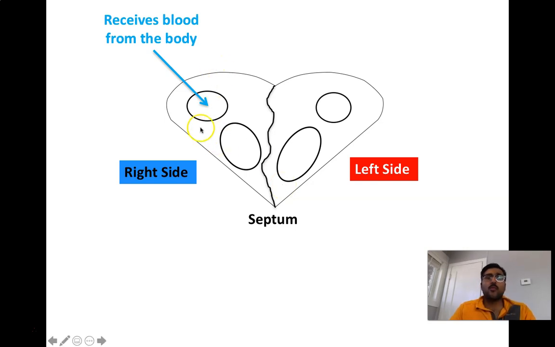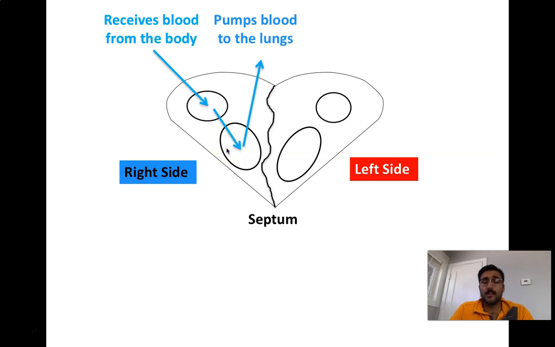Okay, so the right side of the heart is going to receive blood from the body. The right side of the heart receives blood from the body in this very first chamber, and it's going to enter another chamber on the right side of the heart, which is significantly larger. The blood that enters this second chamber on the right side then leaves the heart completely and goes to the lungs.